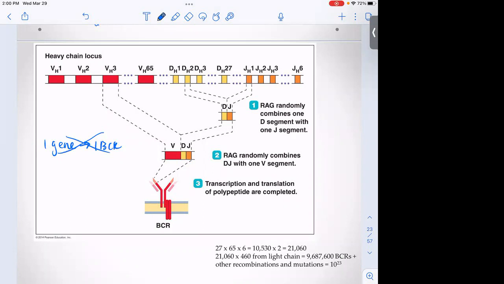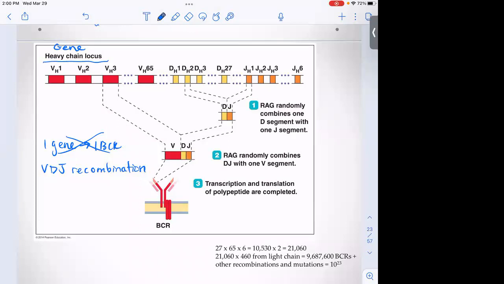What we think happens, we call this VDJ recombination, which is actually a very complicated process, and this looks sort of complicated, but basically the gene where the instructions for the heavy chain come from, which is then transcribed and translated, actually has several variable regions.